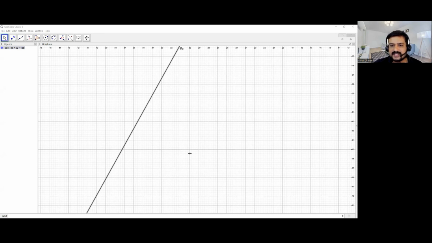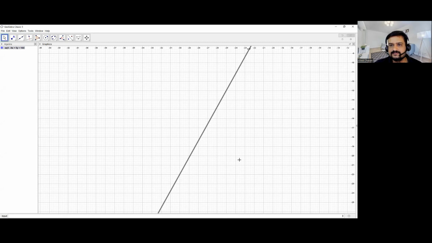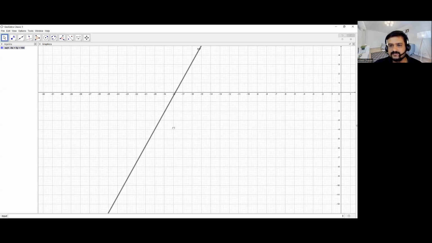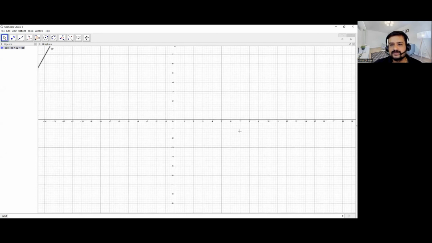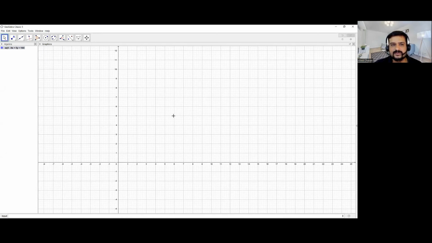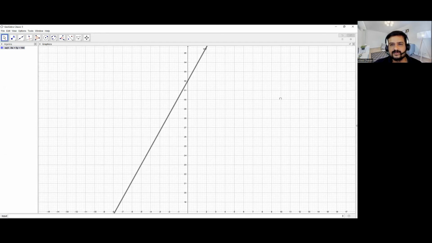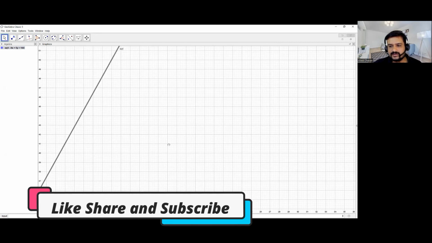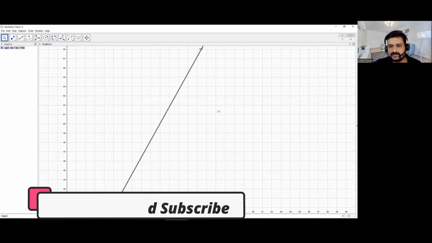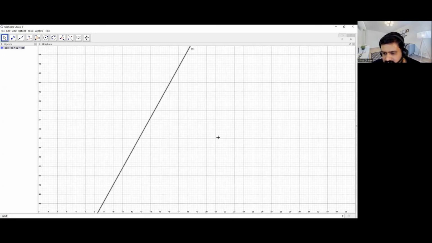See, this is our graph. So degree Celsius, we have taken it on the x-axis. Yes or no? Okay, we'll verify it from here. 30 degrees Celsius.